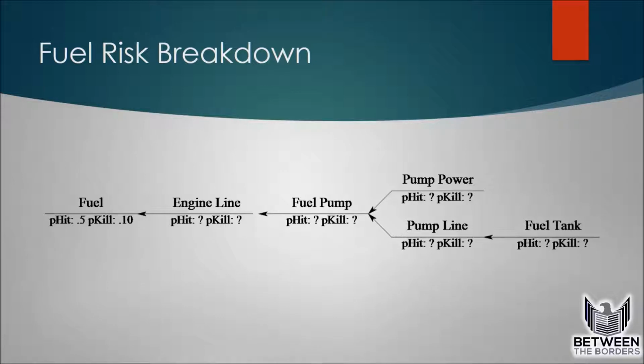So, the fuel is made up of the risk to the line, plus the risk to the pump, plus the risk to the pump's power or its feed lines, plus the fuel tank. If any of those break down, then fuel is off entirely. Now this means if you have redundant systems, redundant fuel lines, redundant pumps, redundant power supplies, then you have to determine that both of them are gone before the risk increases.